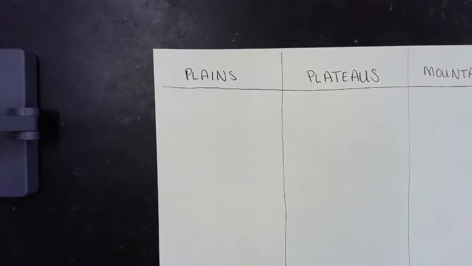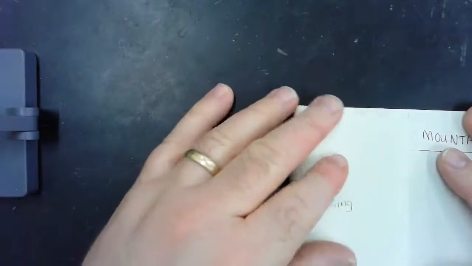on the back. And the last one is this one on landforms, which was lesson 3, I do believe. Yes, it was. Landforms. We're going to fold it into thirds.